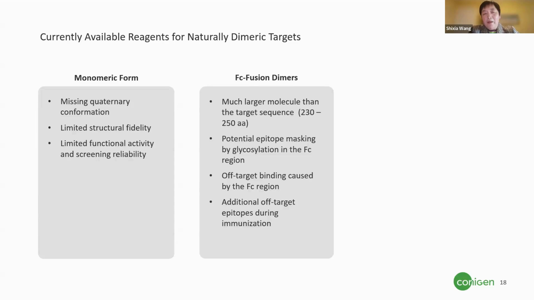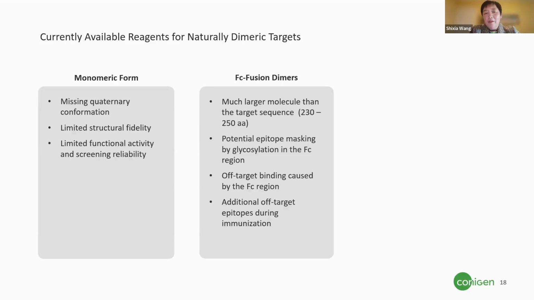This also has limitations because Fc is a large sequence, about 250 amino acids on one chain. Two chains together are about 50 kD. This bulky tail can potentially impact the target, especially for smaller proteins.